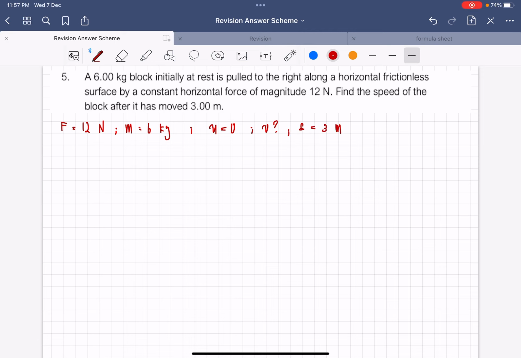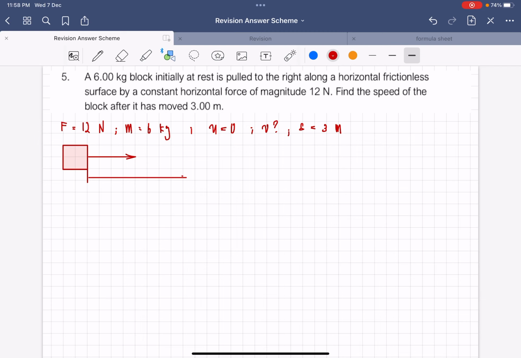Okay, so we have to find the speed. So this type of question, when it gives you both the speed and the force, this is where you are going to apply the work kinetic energy theorem. The displacement is to the right here.